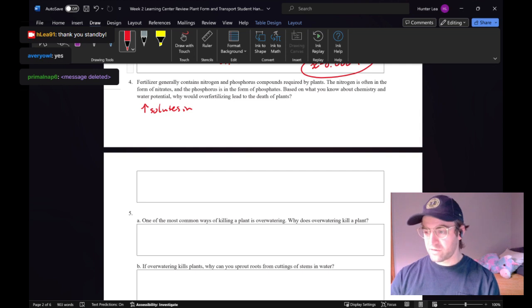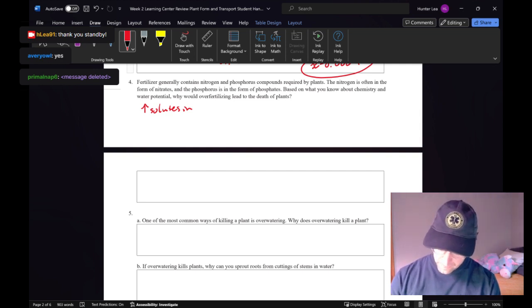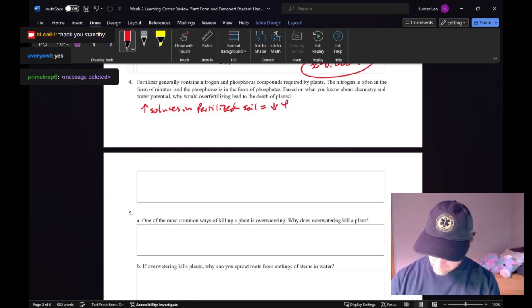The increased solutes, the nitrates and the phosphates, in fertilized soil results in a decreased water potential of the soil.